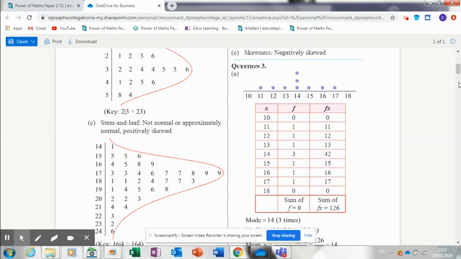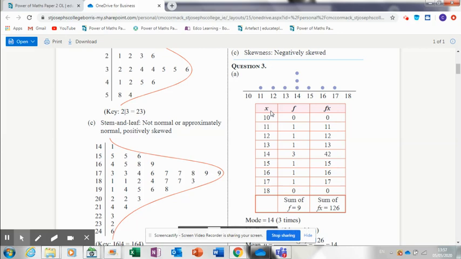Right, in question 3, copy and complete the following frequency distribution. Comment on their shapes, mark the position of the mode and the approximate position of the median and the mean. Right, so you copy the following frequency distribution and comment on their shapes. Okay, so you have your variables there in your first one.